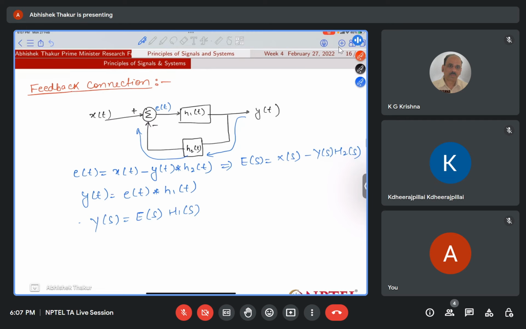Now when you eliminate E(s) from these two equations, you will get the transfer function H(s) equal to H1(s) divided by 1 plus H1(s) H2(s). This H(s) is equal to Y(s) by X(s). This feedback connection is mostly used in control system, and there are lots of questions coming in the GATE examination based on the feedback system.